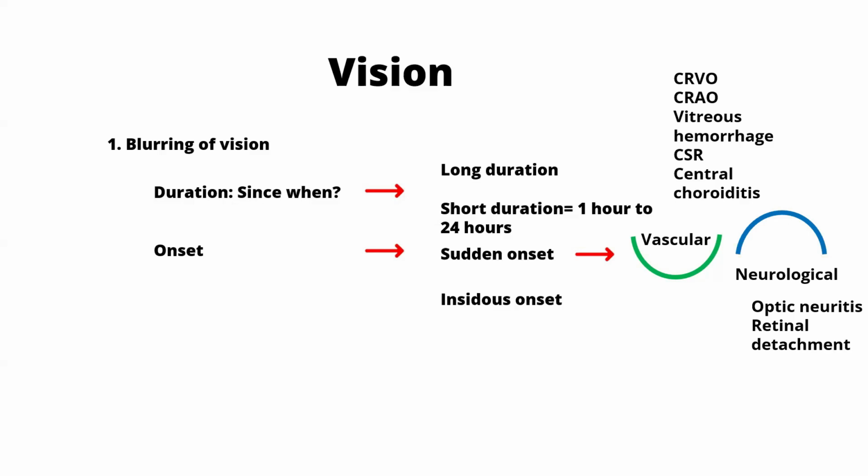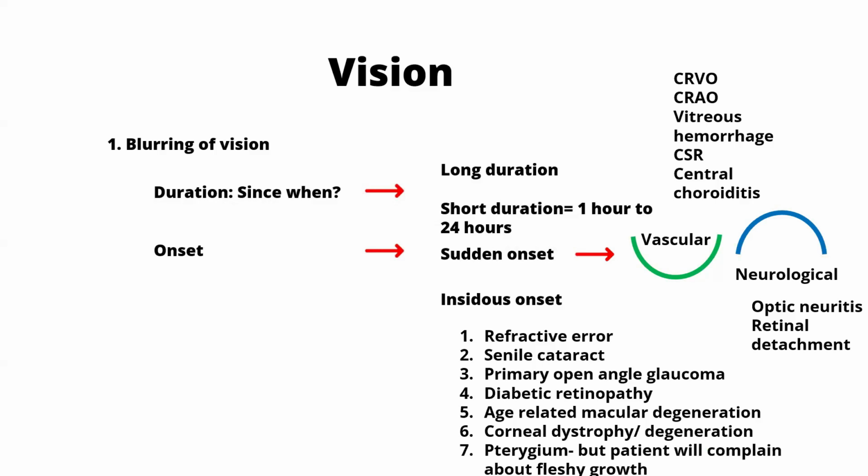The onset can also be insidious. That means when a patient says he doesn't know when it started, but roughly says maybe a year, or maybe 6 months, then you would probably call it an insidious onset. The causes could be refractive error, senile cataract, primary open angle glaucoma, diabetic retinopathy, age-related macular degeneration, corneal dystrophy or degeneration, and pterygium.